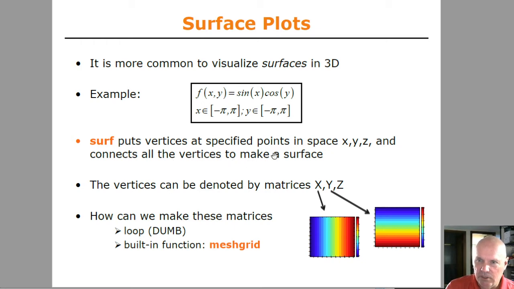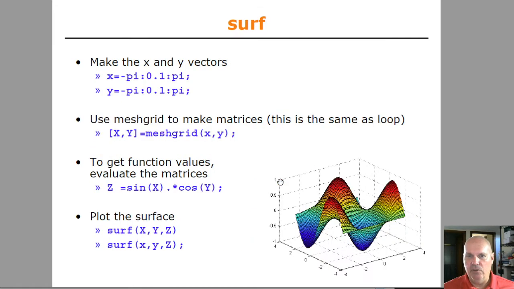What we need to do is lay out this grid in the XY plane that has all the coordinates of the XY points, and then the corresponding Z value above that point. The easy way to do that is using this meshgrid function to make these X and Y matrices.